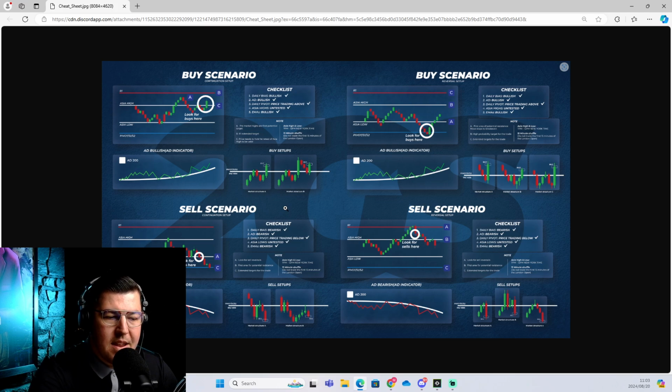I had this printed in front of me so that when I'm looking for a buy, I know exactly what I'm looking for in a continuation setup. I know exactly what I'm looking at for a reversal setup, and vice versa for sales as well. So this really helped me to just visually train my mind what to look for on the charts.